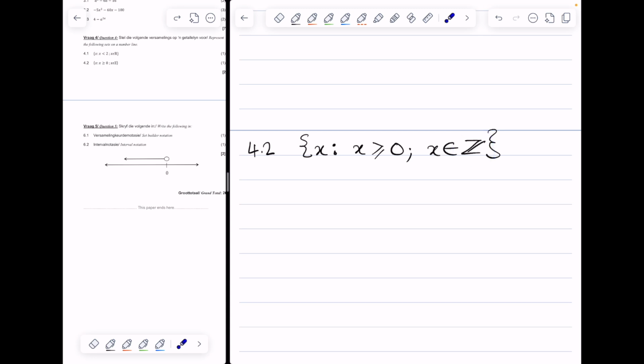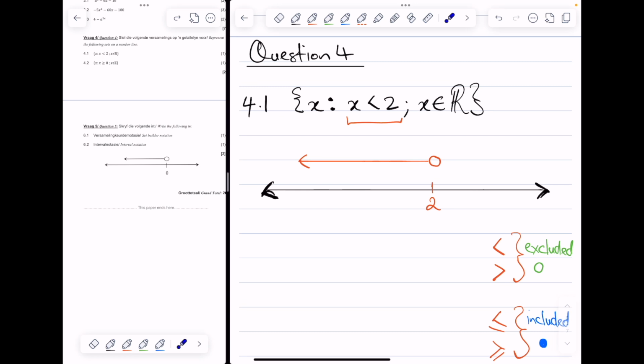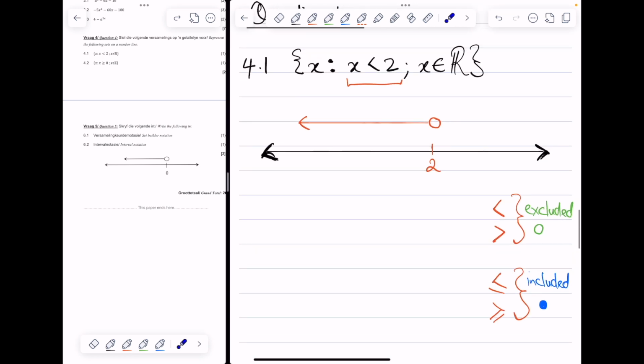Integers means not everything on the number line. It means all the whole numbers greater than or equal to 0, including 0, and beyond 0 it will be 1, 2, 3, and so forth. So I cannot use the same arrow that I had here.